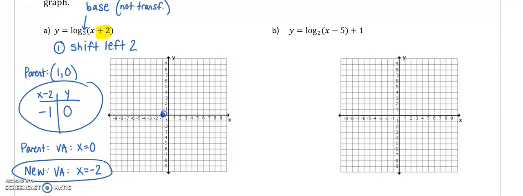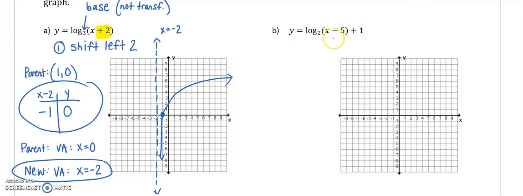I'll plot my point, (-1, 0), and I'll graph my vertical asymptote, x equals negative 2. And then it's just a rough sketch from here. It approaches the asymptote down at the bottom and goes off into the abyss at the top. I know it looks like a lot of work, but a lot of this can be done in your head, so feel free to work with that also.